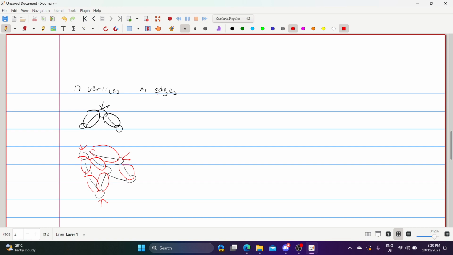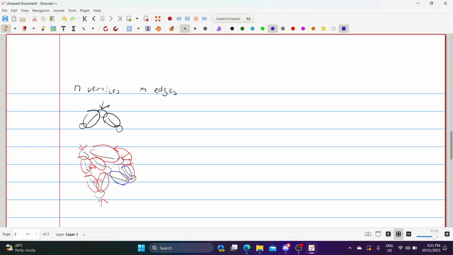So you can pair them up however you want. This is paired up, this is paired up, this is paired up. But what the question is asking for is they want you to make the most number of pairs. Each edge can only be part of one pair, so you cannot say, I want to pair this and this together also, because it's already part of the red pair, so it cannot be part of the blue pair also.